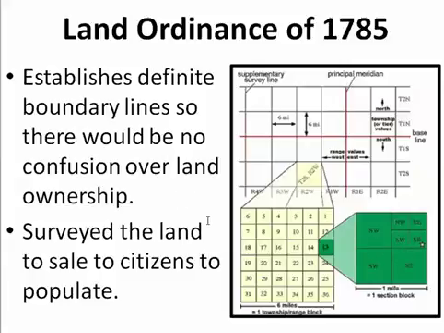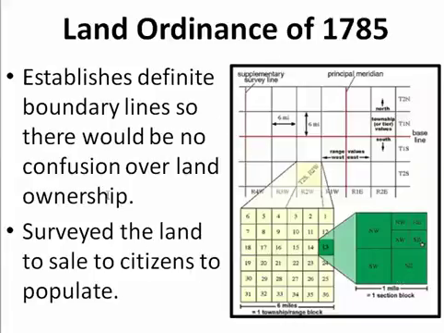So this is how they surveyed this land into townships of 6 square miles, 36 sections within each township, and each section 640 acres. So for $1 per acre, it'll be $640, and that's how it's going to be chopped up.